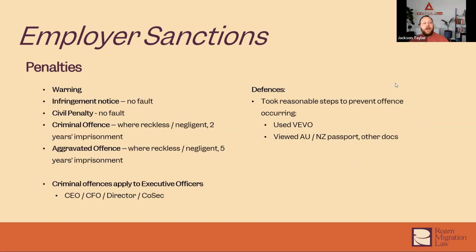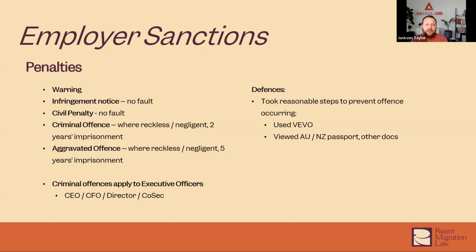Now, the penalties vary quite significantly from a warning all the way through to an aggravated offence, which gives rise to liability of up to 5 years imprisonment. Just to run through them, an infringement notice is essentially the lowest level of paid penalty.